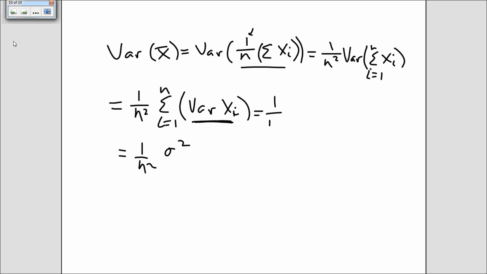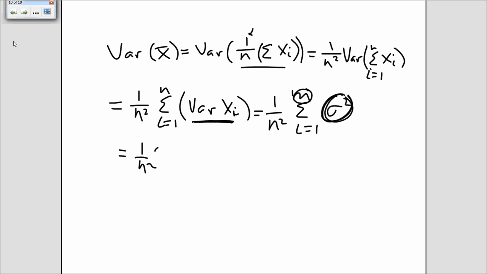That is, it's 1 over n squared times the summation as i goes from 1 to n, but this is always sigma squared. When i is 1, sigma squared, plus i is 2, sigma squared, plus i is 3, sigma squared. We are adding this up n times, so we get n times sigma squared.